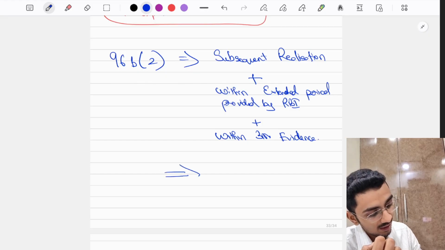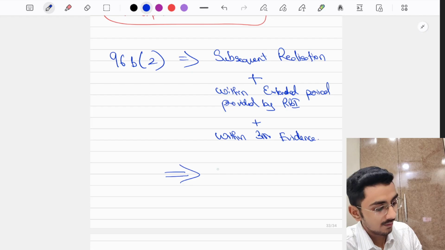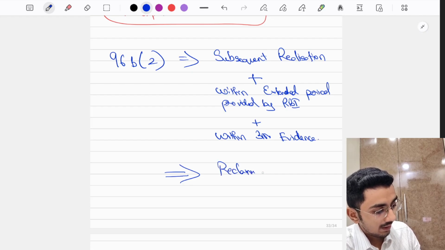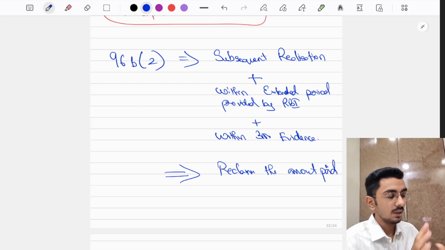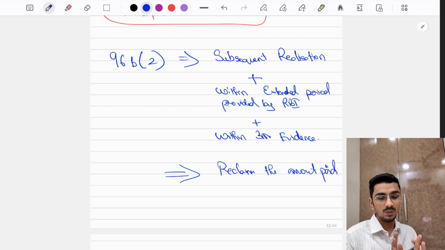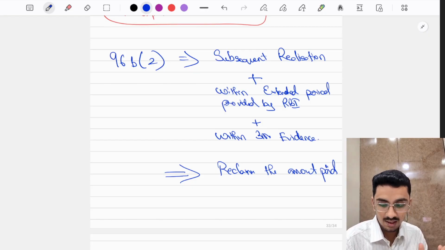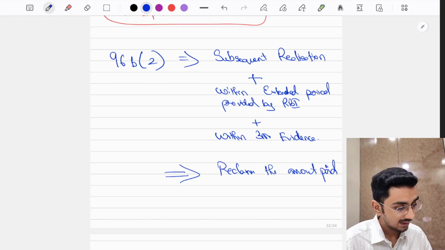If every condition is satisfied, then you can reclaim the amount paid. This is the condition stated here.